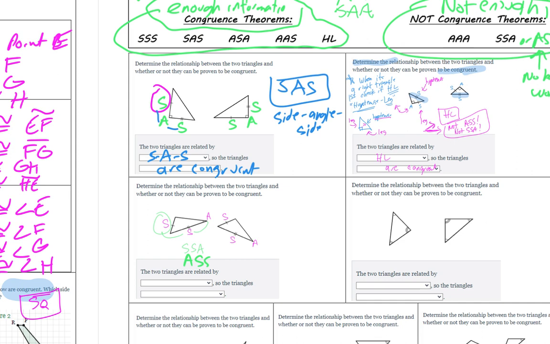That's how we can remember that SSA or ASS are not congruent, because we can't use those bad words. So these are related by ASS, or we can say SSA, and so these are not congruent. Okay, so that's an example of not being congruent.